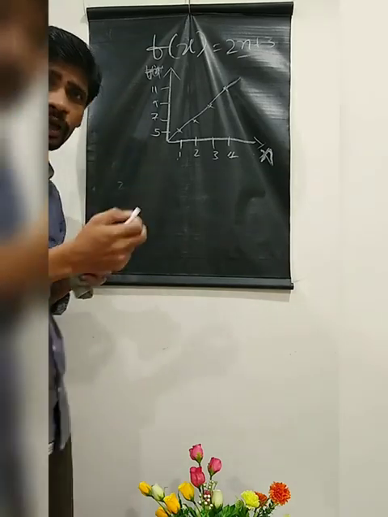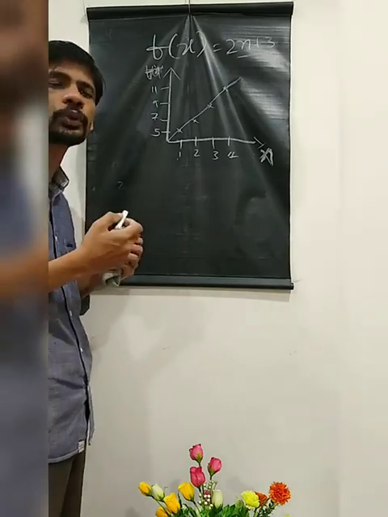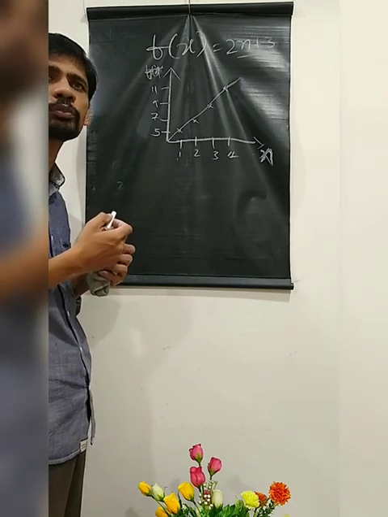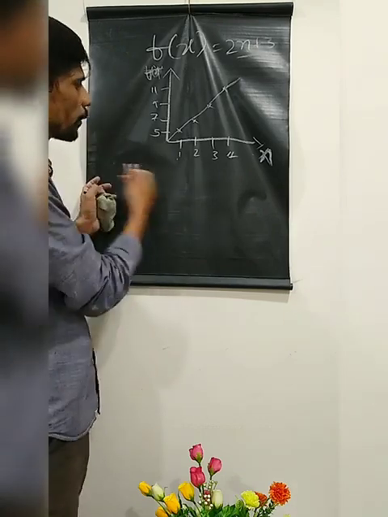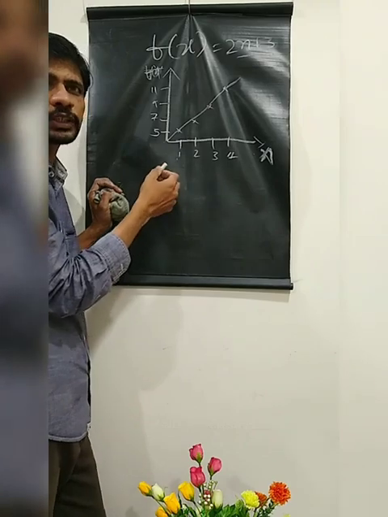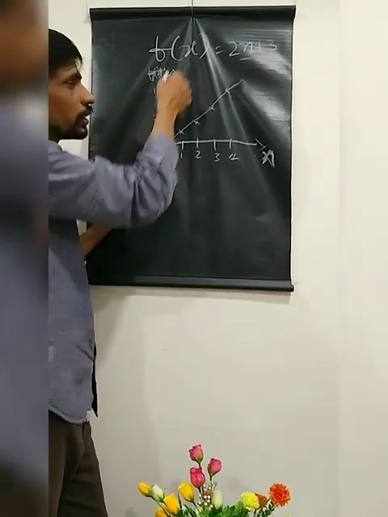Now we will do the same steps we did for big O. As we discussed, big O appears in this graph.